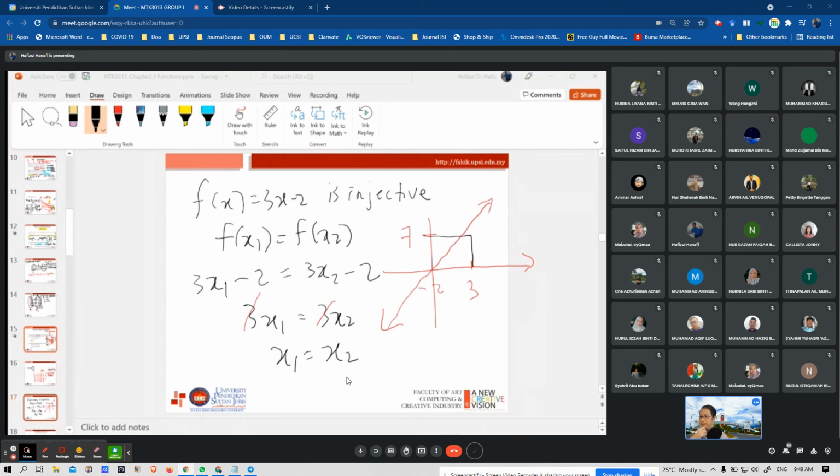So that is the proof that 3x minus 2 is injective. The answer is yes, because it maps one to one.